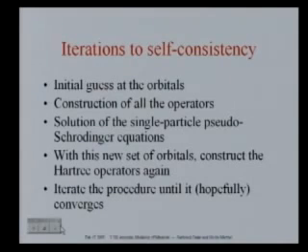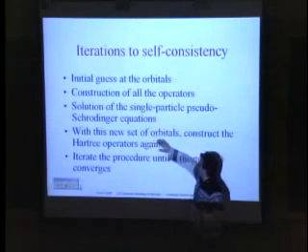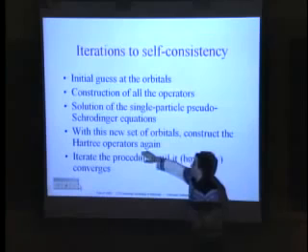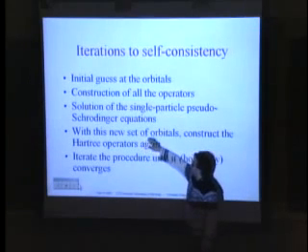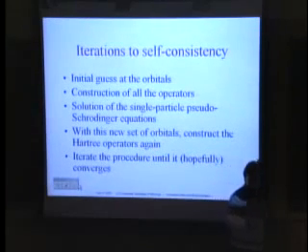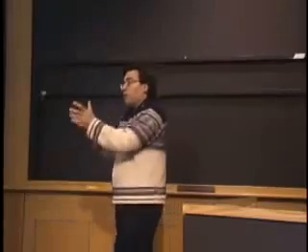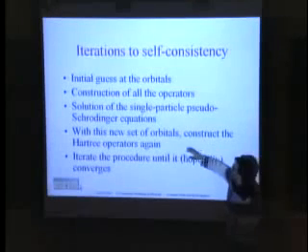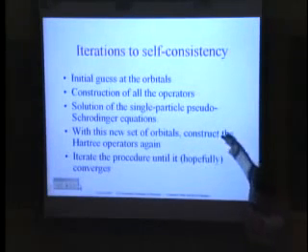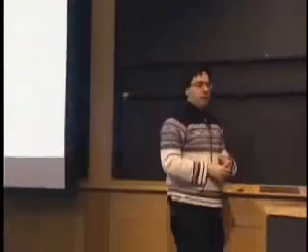That is, whenever you have a set of solutions, you don't want to construct your Hartree operator with the new charge density from this solution, but you want just to modify a little bit your previous charge densities to go in the direction of the new charge density that you were calculating. So you try to minimize the change in the operators from one iteration to the other, and that tends to be fairly functional in a lot of problems.